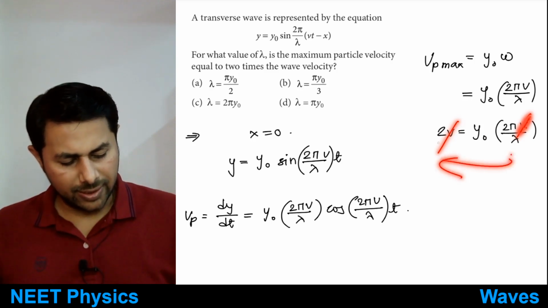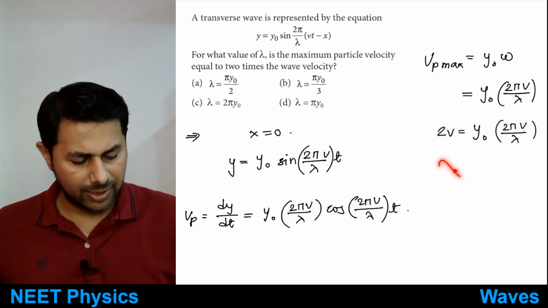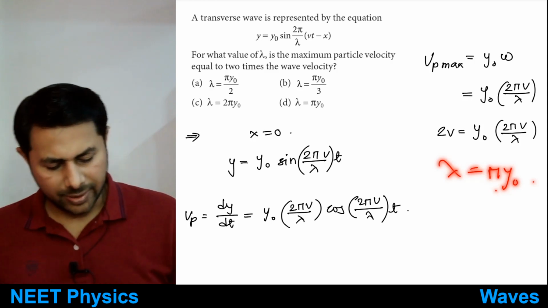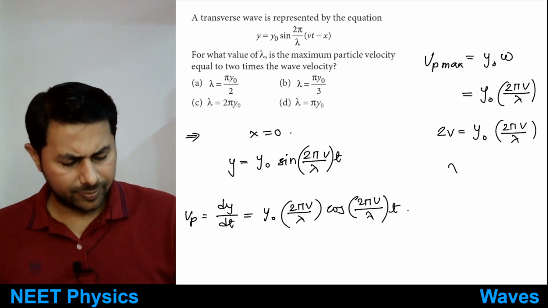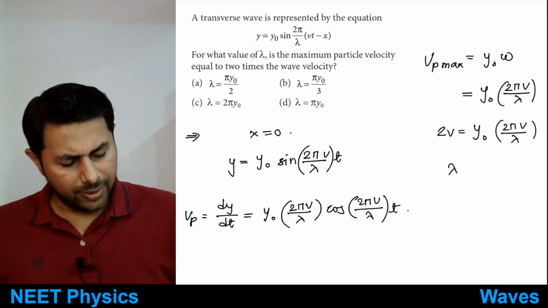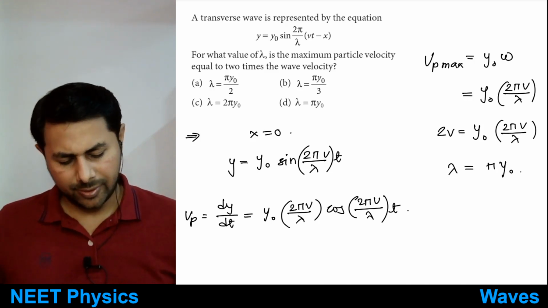Take lambda on that side, the 2 on this side, or already the 2 gets cancelled. So lambda is equal to just pi times y naught. Lambda is equal to pi times y naught. So that is option D.